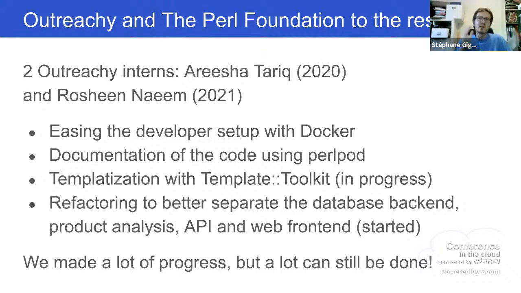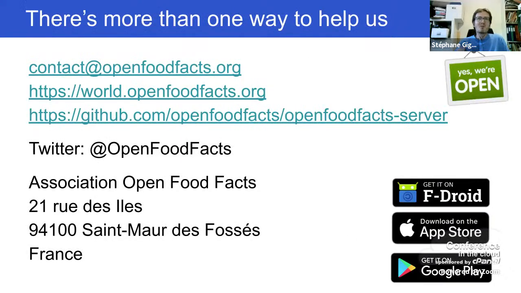And now we're working on refactoring to really separate all the big components of the tool. We did a lot of progress thanks to the interns, but there's still a lot to be done. So I'm very much hoping that some of you may be willing to help us. If you are, please feel free to talk to me in the Slack or to catch me later. Thank you very much.